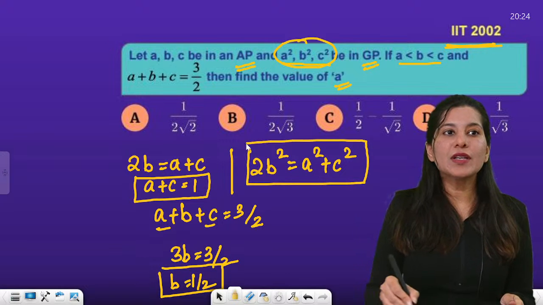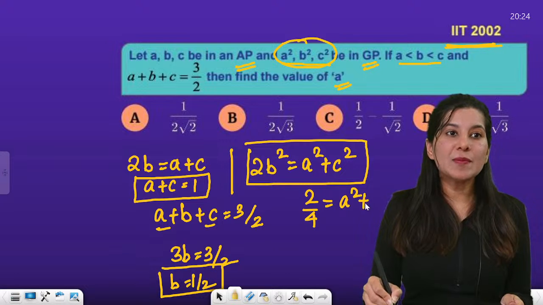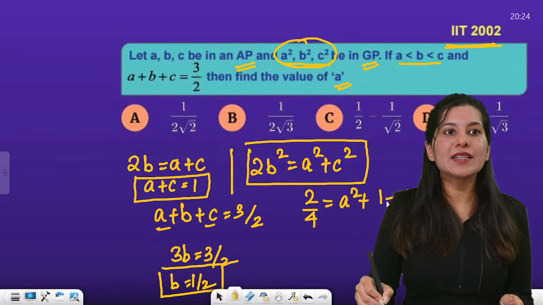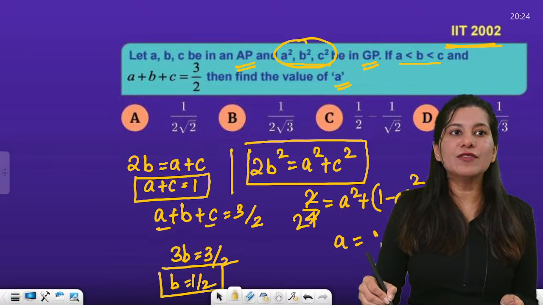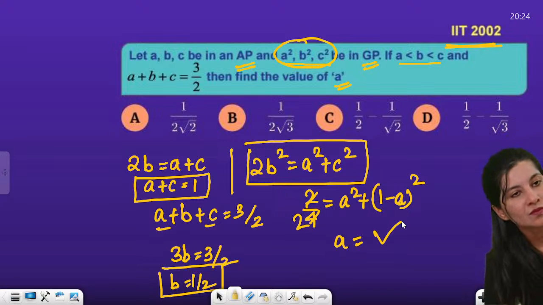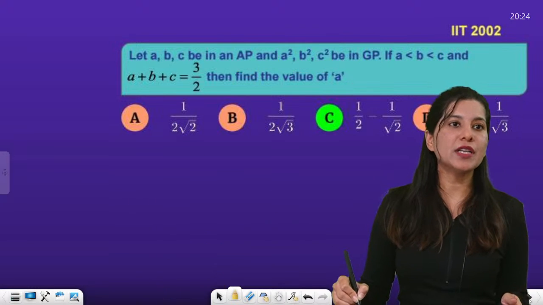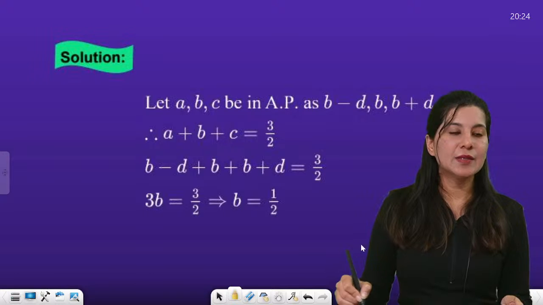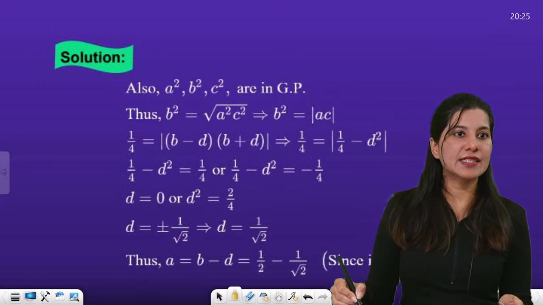Over here you can put the value of B. So 2 by 4 is equal to A square plus C square, which can be written as A square plus 1 minus A whole square. Now from here, can you see that the value of A can be calculated very nicely? It is just a pure equation solving game. B is half, as I already told you.